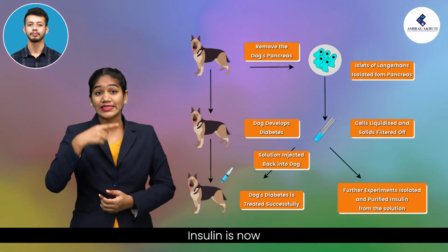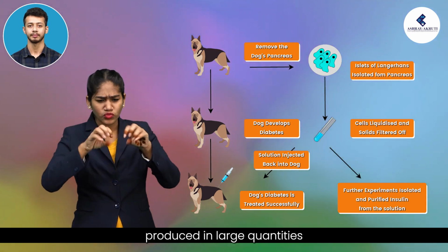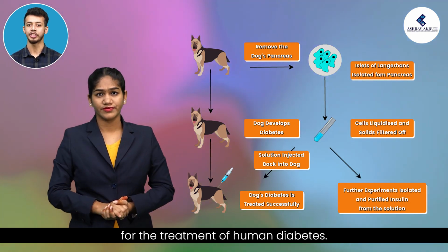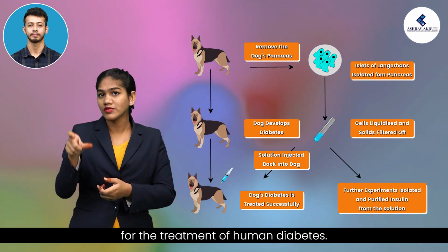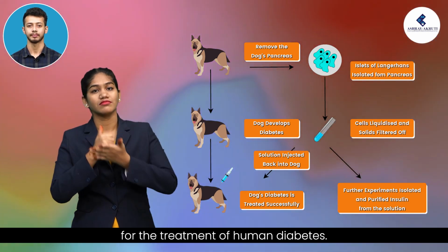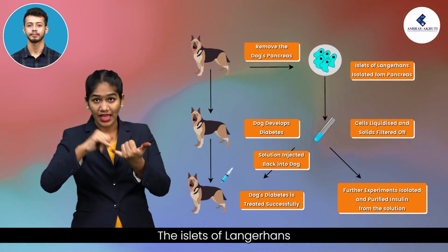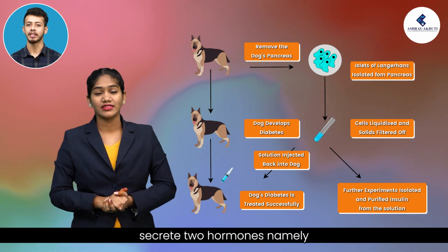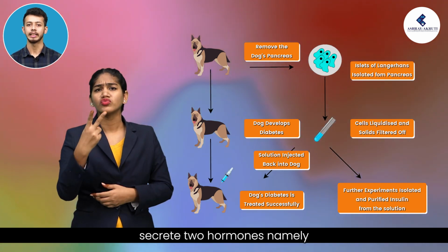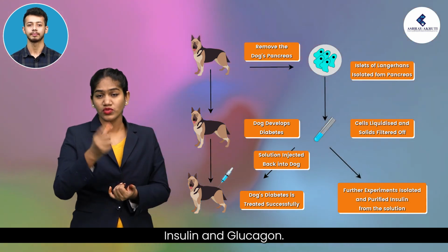Insulin is now produced in large quantities for the treatment of human diabetes. The islets of Langerhans secrete two hormones, namely insulin and glucagon.